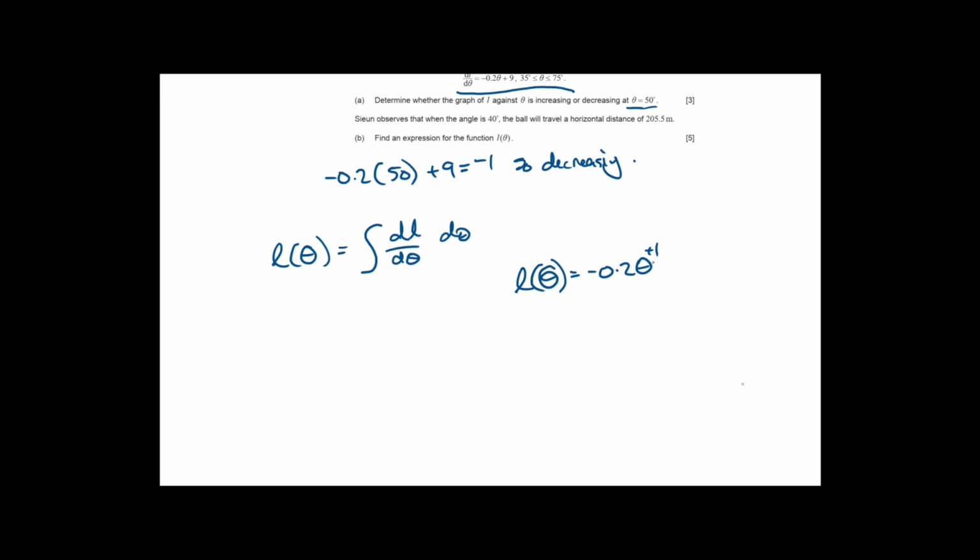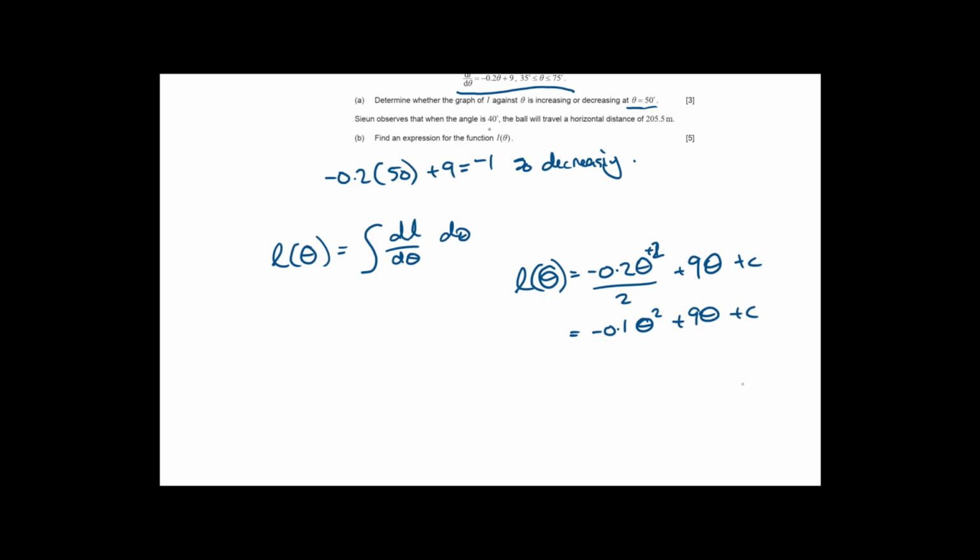Oh, okay, yeah, we have to increase it to the power of 2. Sorry, and then we're going to divide that by 2. Plus 9 theta plus c. Yeah. And that's going to be negative 0.1 theta squared plus 9 theta plus c.